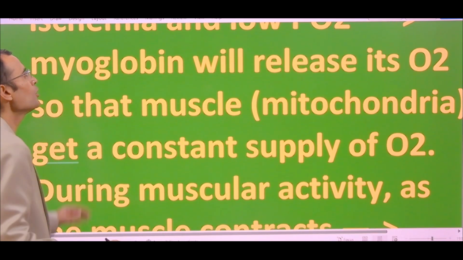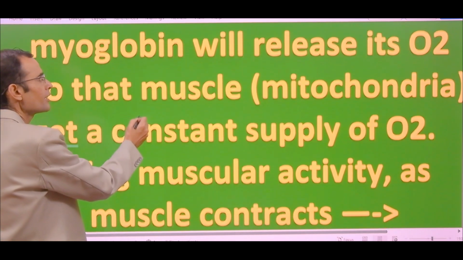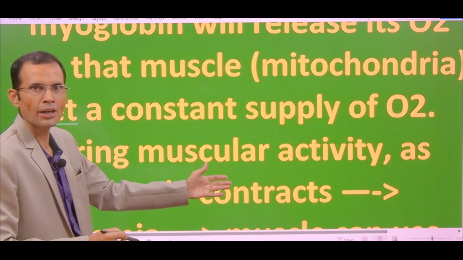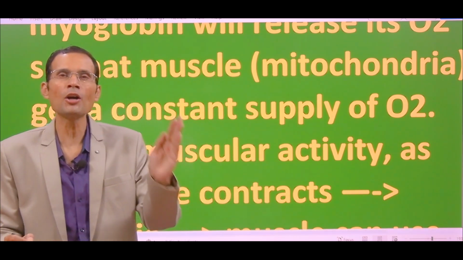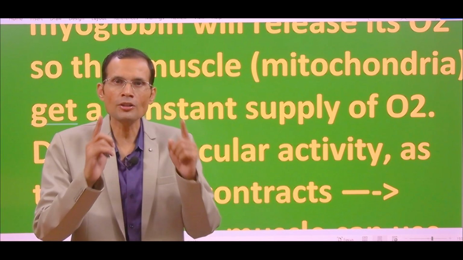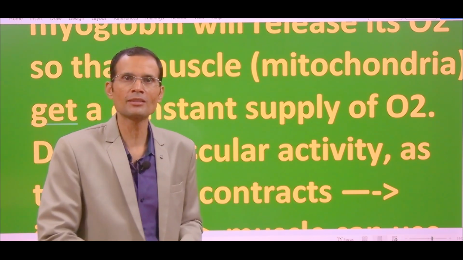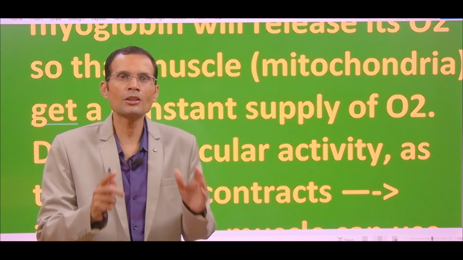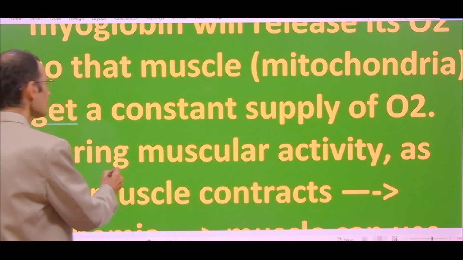In such a scenario, myoglobin will release its oxygen so that the mitochondria inside the muscle get a constant supply of oxygen. That's the crucial role played by myoglobin. All right.